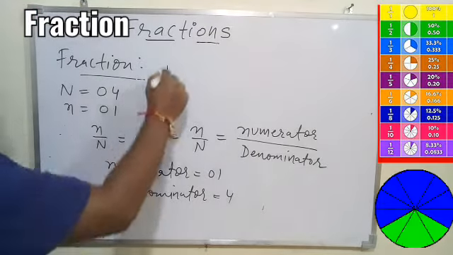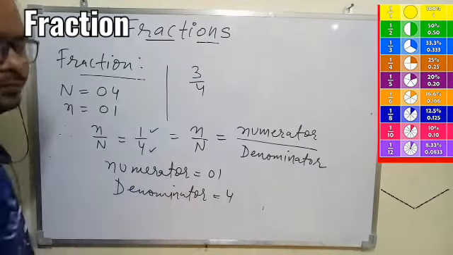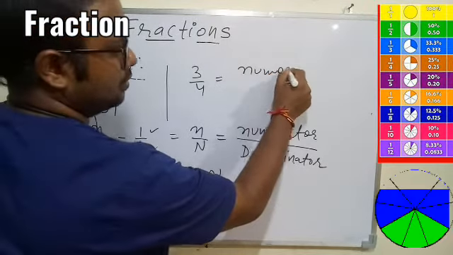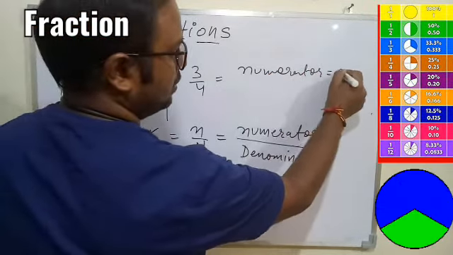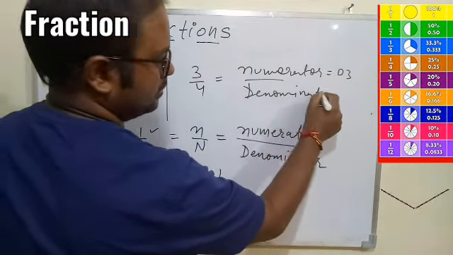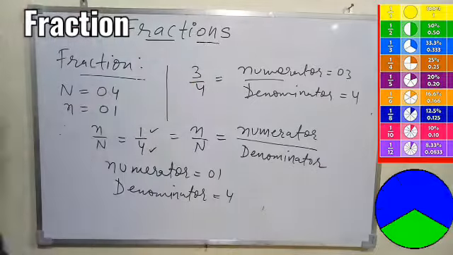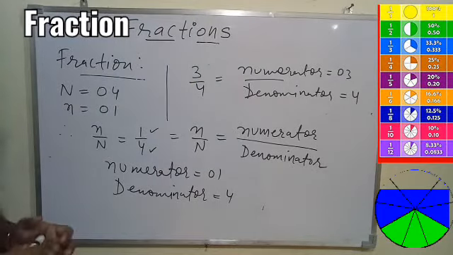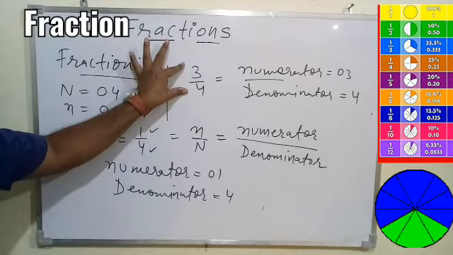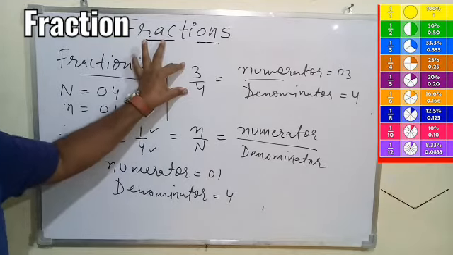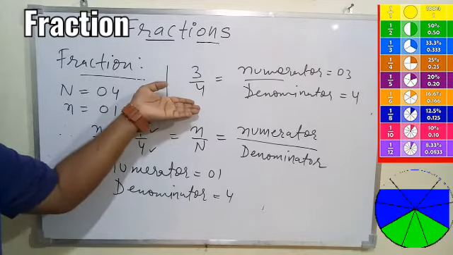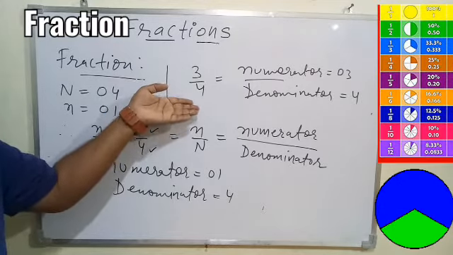If I write the number 3 upon 4, here your numerator is 3 and your denominator is nothing but 4. That is the thing you should know. So overall, a fraction is just a number, written like this, which is showing you the part of a complete object, or part of the whole, or part of the group.